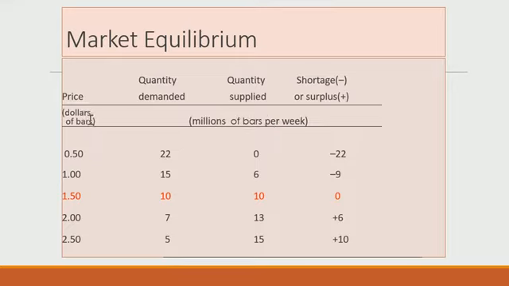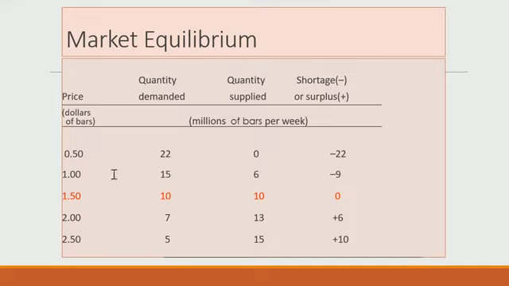expressed in US dollars. And when price increases from $0.5 to $1, naturally the law of demand tells us that the quantity demanded should be lower. So you can see that 22 million power bars decreases to 15 million power bars.